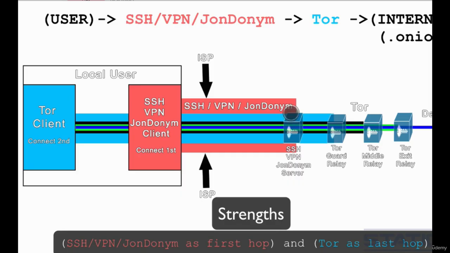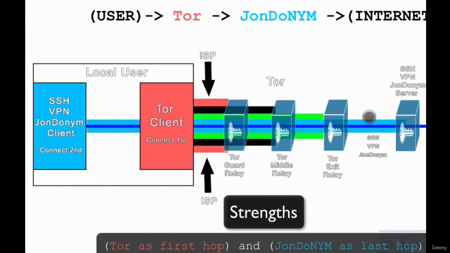There are some other options without a single hop or second hop or last hop. Between them, there are also some other options by using ISP. In this process the user goes to TLS by the use of VPN, SSH, or JonDonym, and finally Tor, then internet .onion, with VPN as first hop here and Tor as last hop.